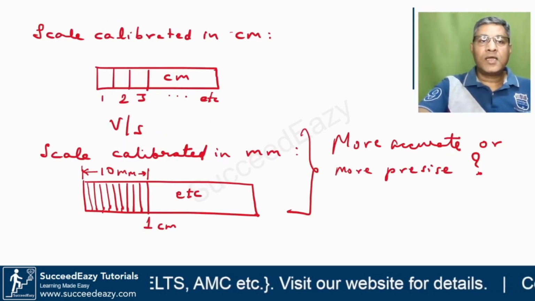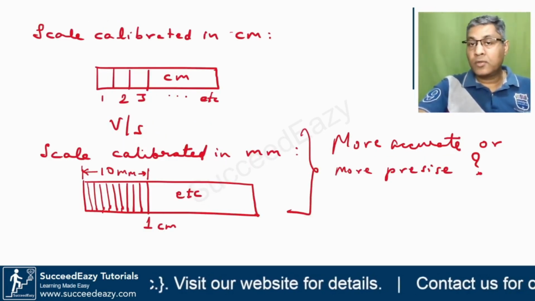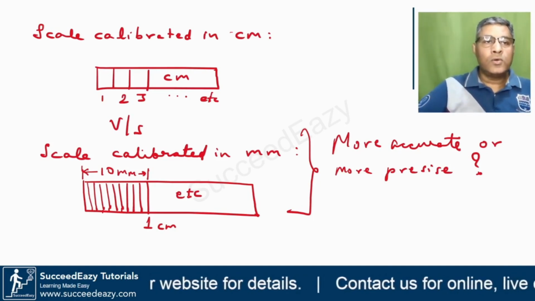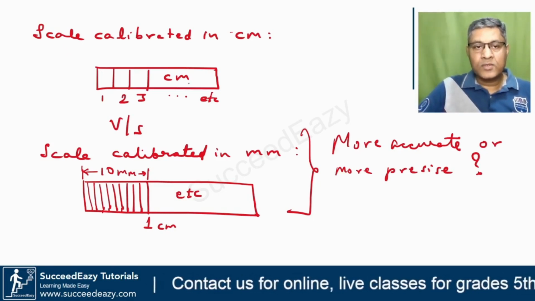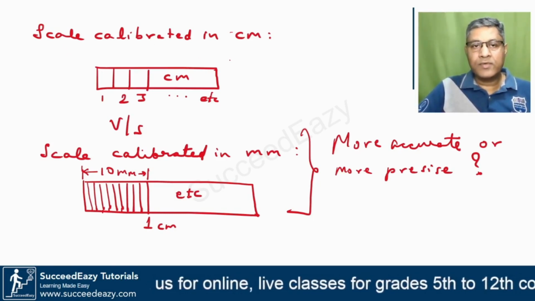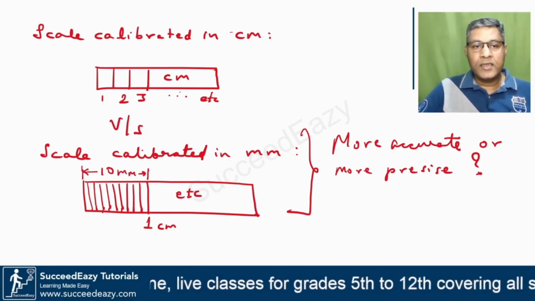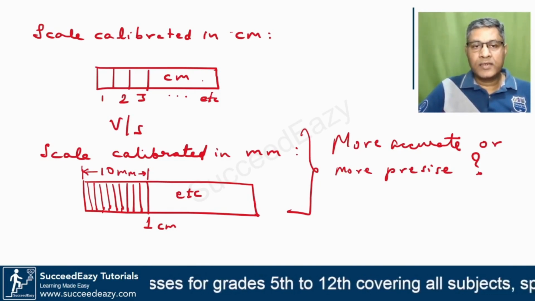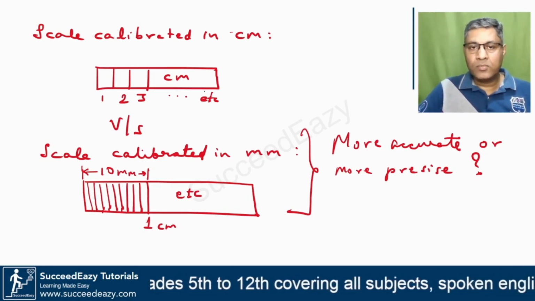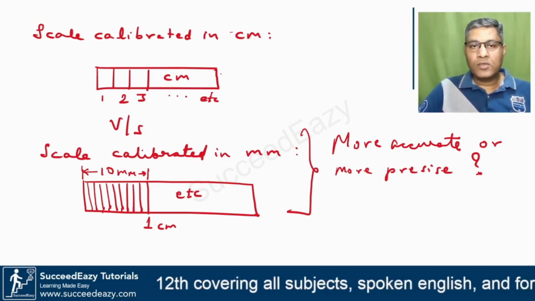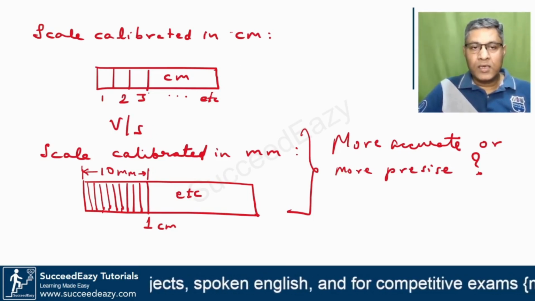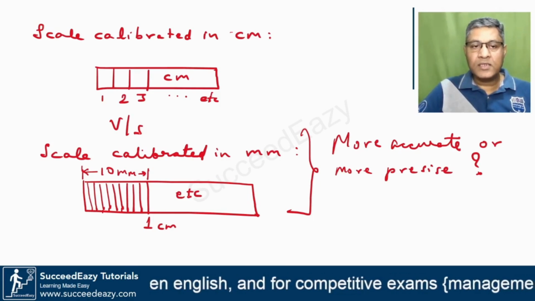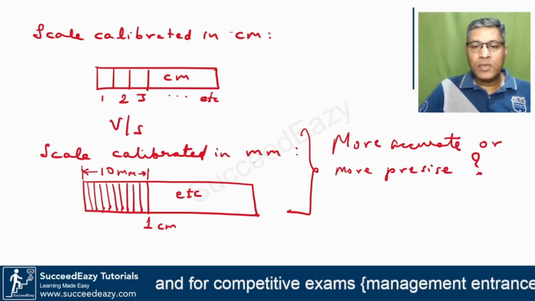Let's bring this understanding to the scales or to actual measurements. All of you have seen a scale, right? It is a normal scale that we use. It is calibrated in centimeters, and there could be different calibrations, but the normal scale that we see is in centimeters, and then in between the centimeters you have each centimeter divided into millimeters, right?